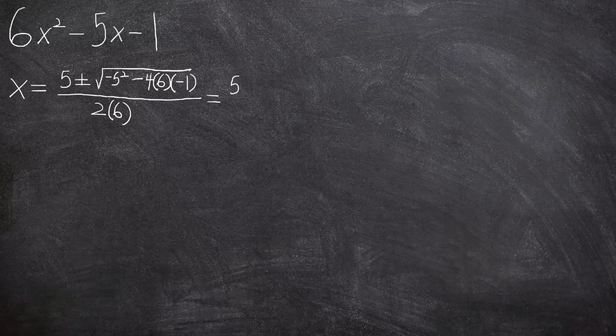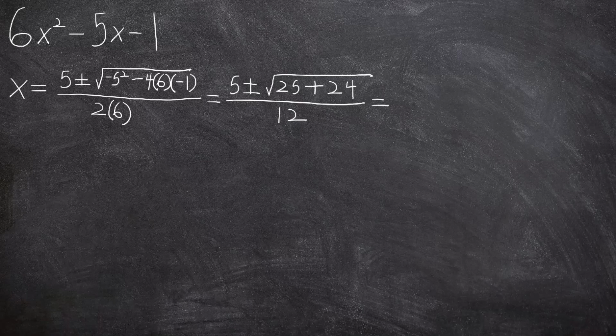Okay, let's perform some math here. Negative 5 squared is 25. Negative 4 times 6, negative 24. Negative 24 times negative 1 is 24, and this will be a plus 24 over 12.